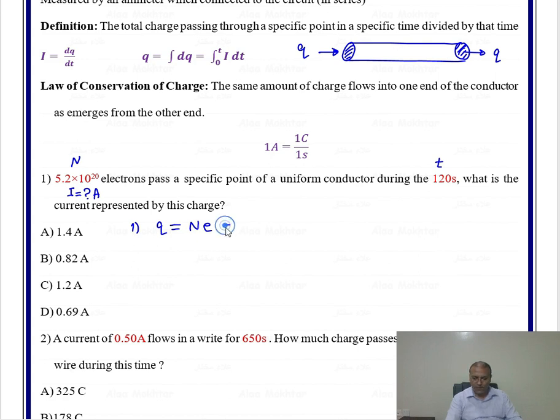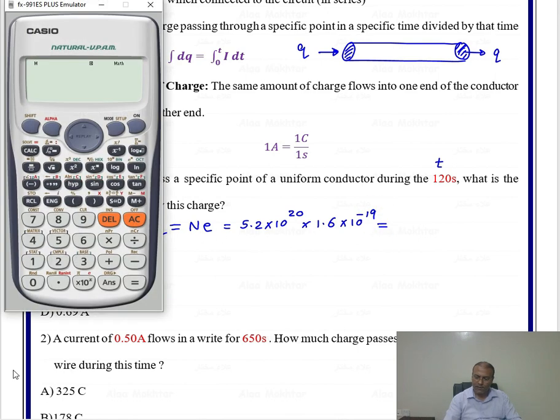So Q equals 5.2 times 10 to the power 20 multiplied by 1.6 times 10 to the negative 19. Using your calculator, the answer is 83.2 coulomb.